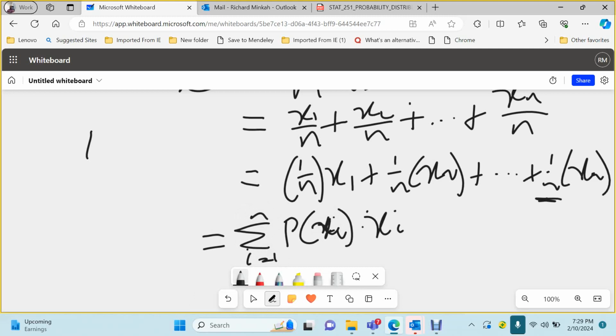Please, do you all agree? And this probability of 1 over n, is everybody okay?